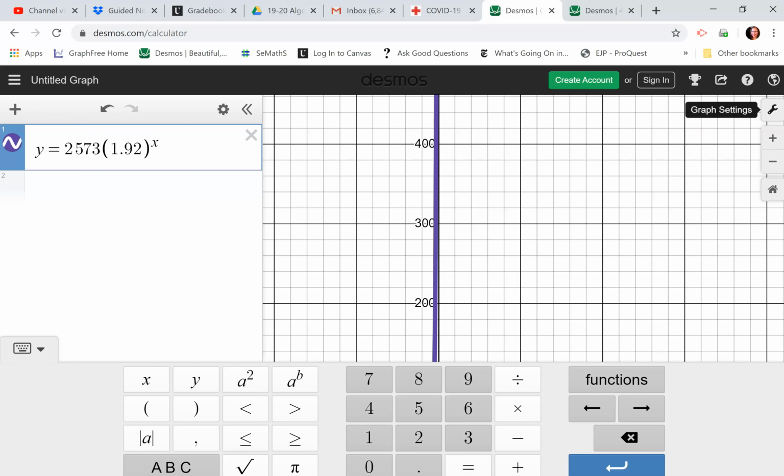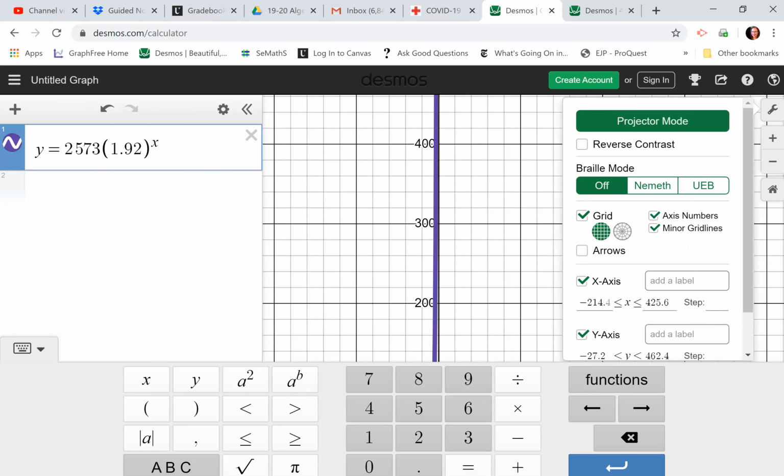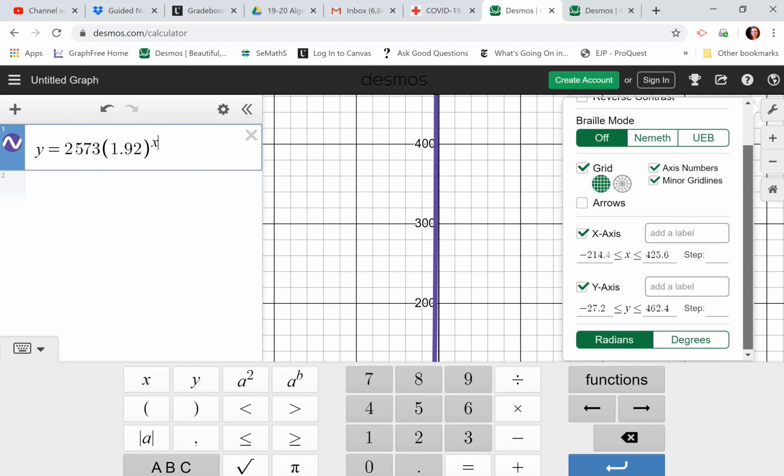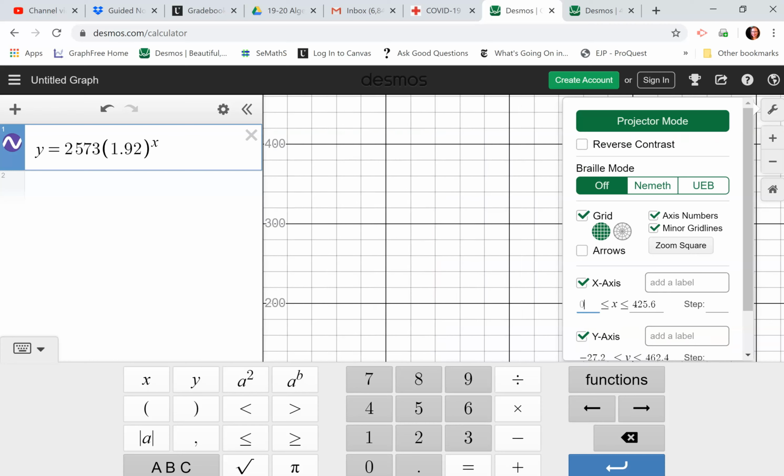I'm going to adjust my window. If you click on the wrench right here, and then go to your x-axis and your y-axis, you can adjust those. So for this one, I'm going to make it 0 to 10.